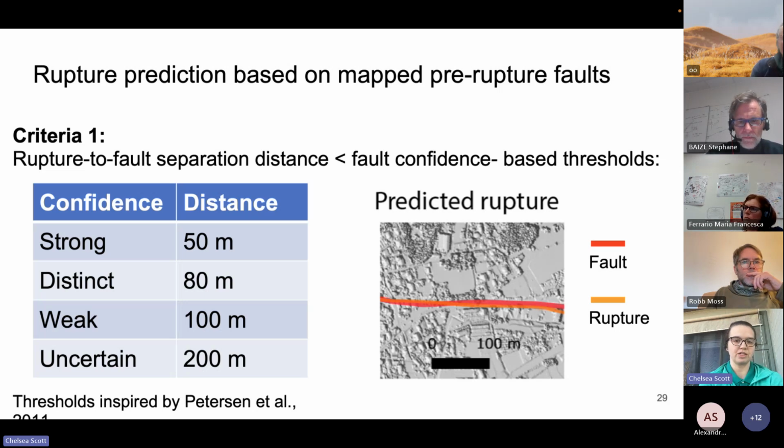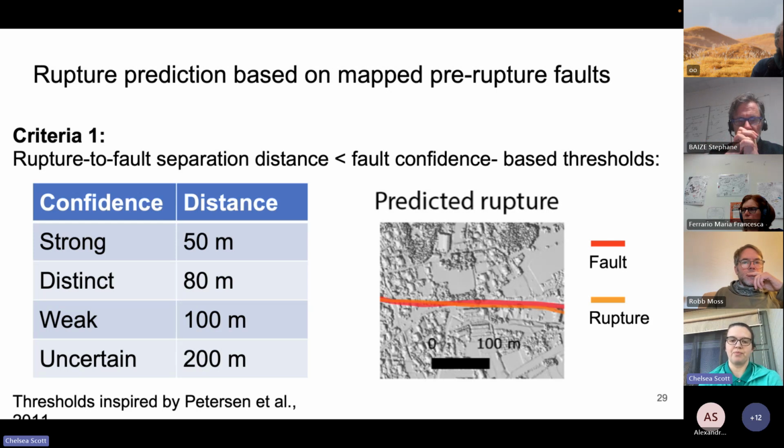So to pass this criteria, for example, a rupture had to be within 50 meters of a strong fault. These distance thresholds were partially inspired by the fault location uncertainties in Peterson et al.